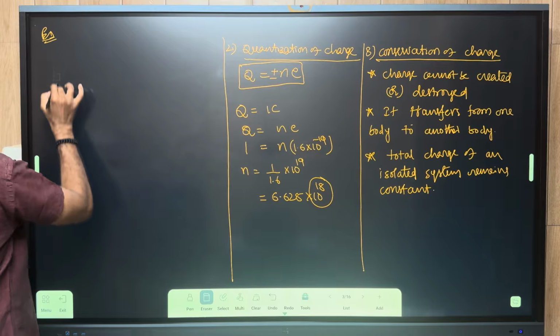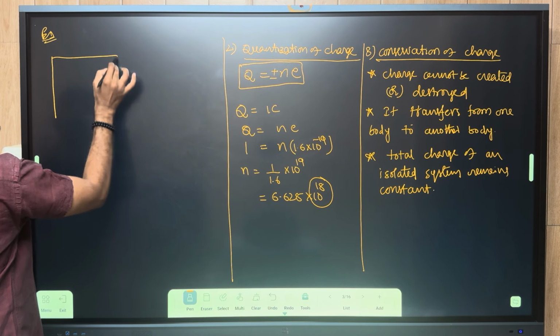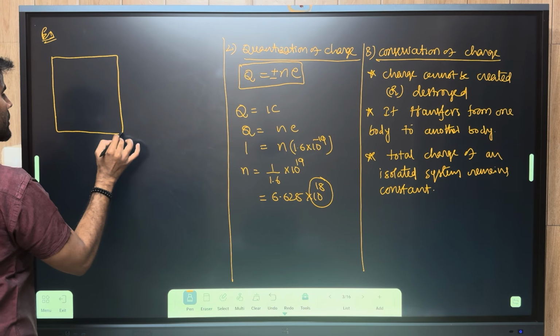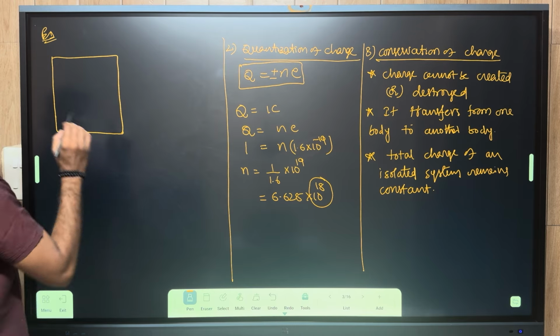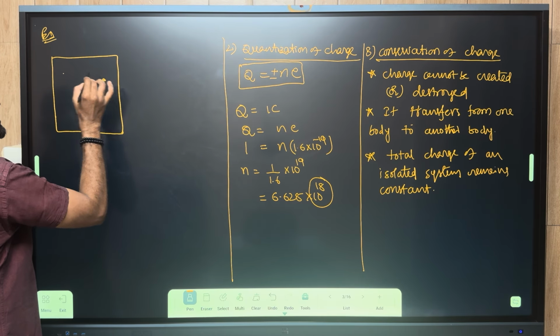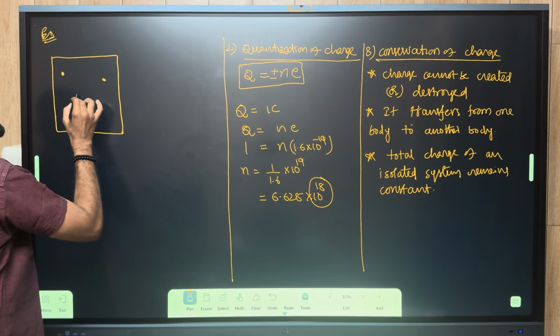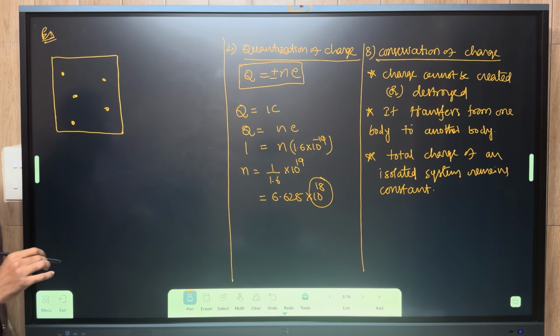I've taken an isolated chamber in which I have identified, let's say, 5 particles. These are the 5 particles that I have identified.